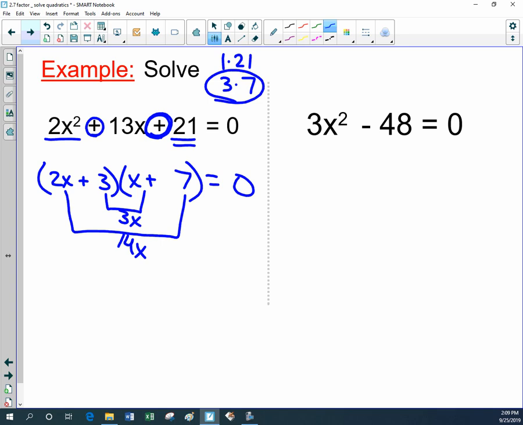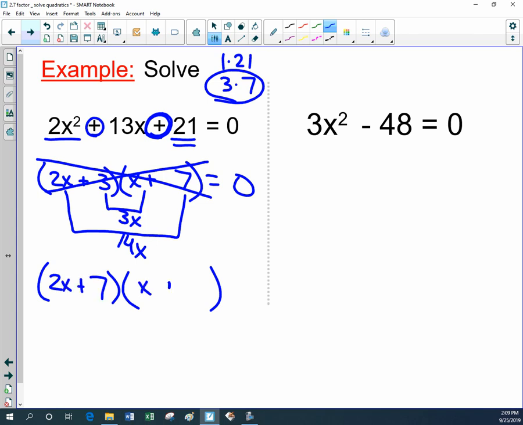So if that doesn't work, then what I want to try next is switching the 3 and the 7. So this did not work. Now I'm going to try 2x plus 7 and x plus 3. So here's my test.